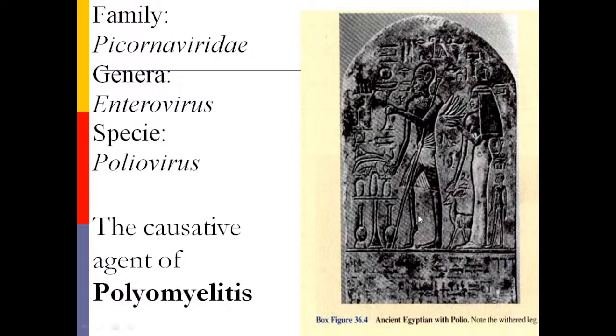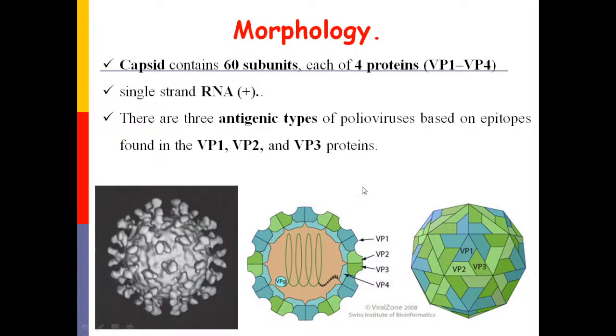And we can see that this man has the main clinical manifestation of polio. If we compare this leg and this leg, so what happens in polio? What is this virus? Let's talk about it.